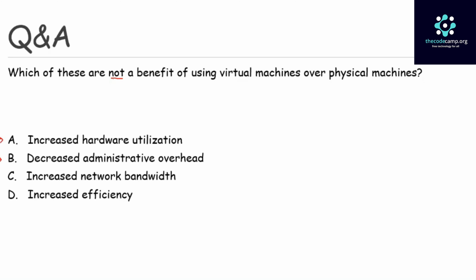B, decreased administrative overhead. I didn't say this explicitly, but this is true. You have much easier management of your machines when you're able to manage your virtual machines as opposed to your physical machines, right? For your physical machines, you gotta either PowerShell into each of them or remote desktop or physically walk over there and go manage it.